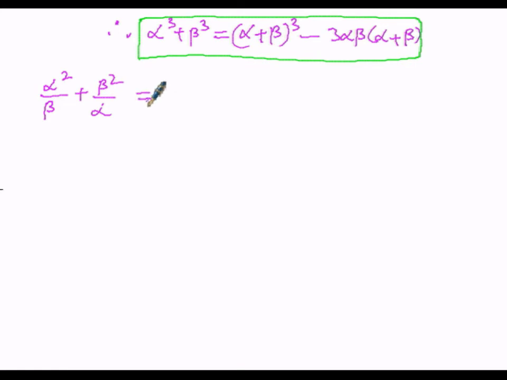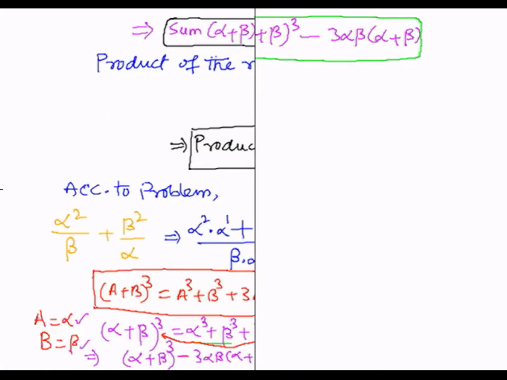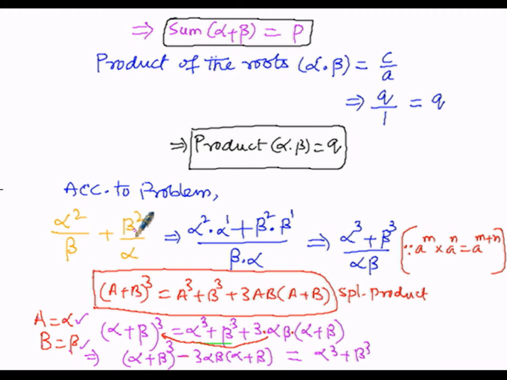But as per the previous step, alpha square by beta plus beta square by alpha is nothing but alpha cube plus beta cube by alpha beta.